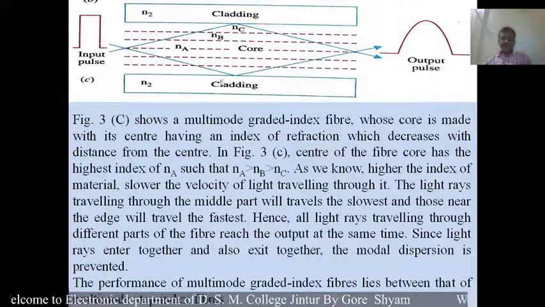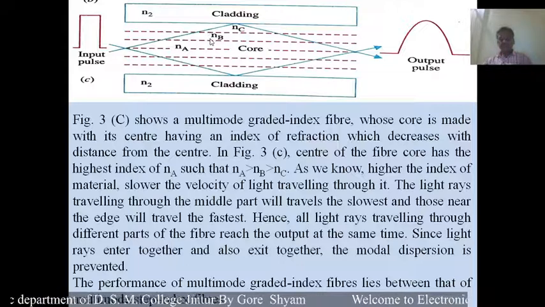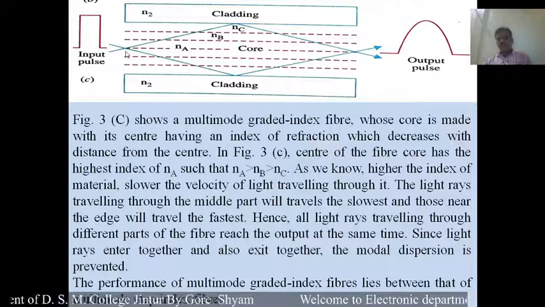So here the light takes different paths. This is one way, this is another way. But when the light travels from one end to the other end, it can travel with the same velocity.